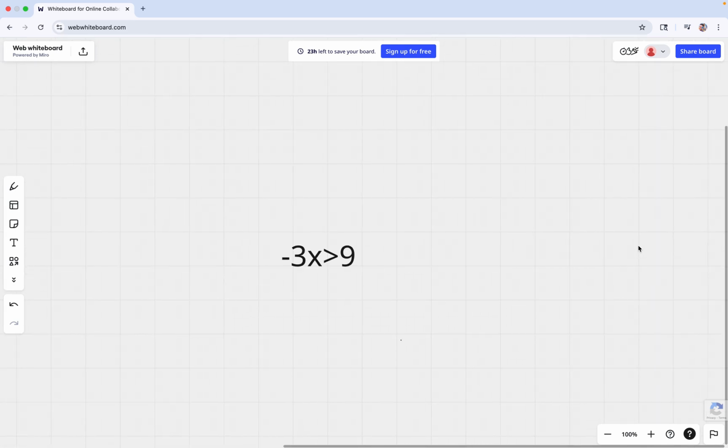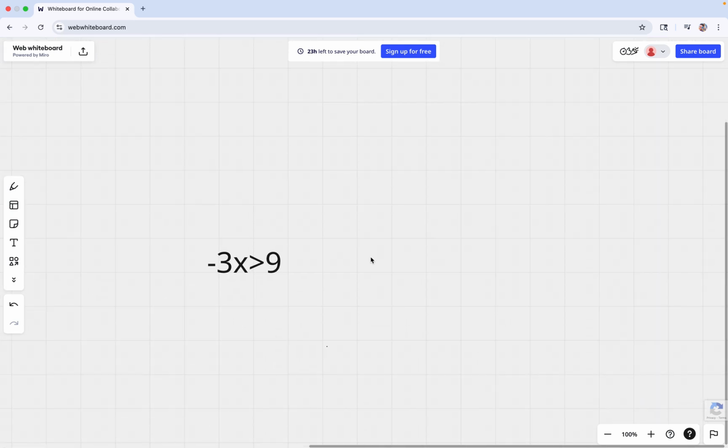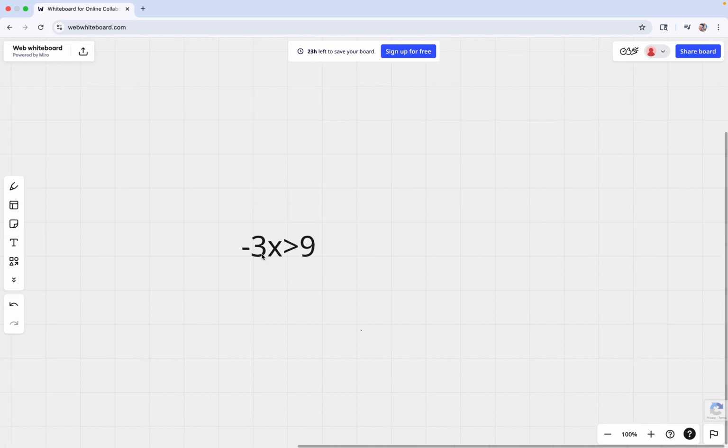So basically, you would think this is simple, right? Just divide by -3 and you already have the answer, but there's just one more rule to it. For inequalities, whenever you divide by something negative, you always have to flip the sign. I know that sounds a little weird, but you have to flip the sign whenever you divide by a negative.